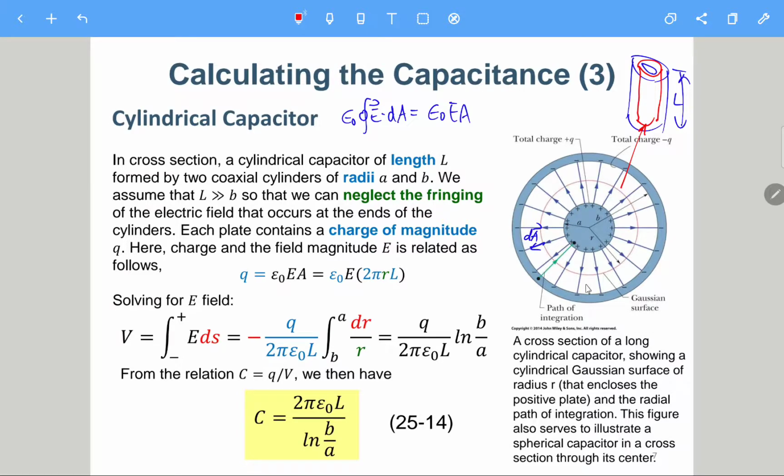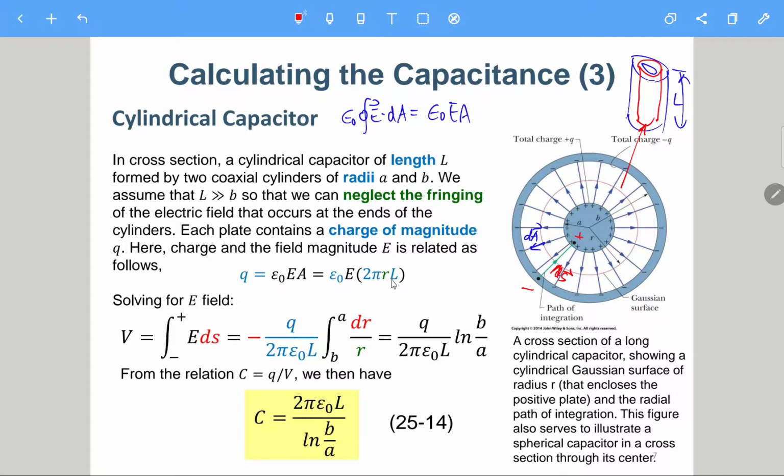Here, this is the negative side, and this is the positive side, which means that ds is pointing inward. So ds is from B to A.